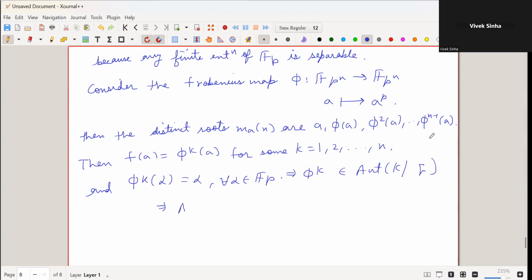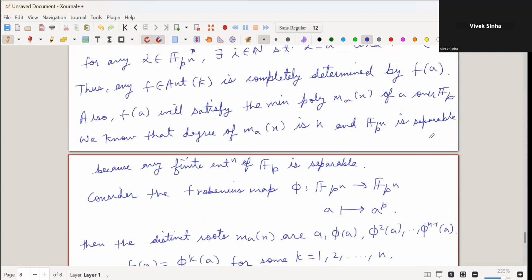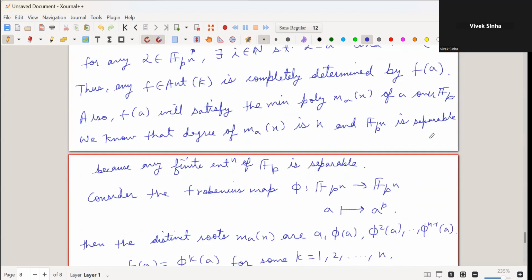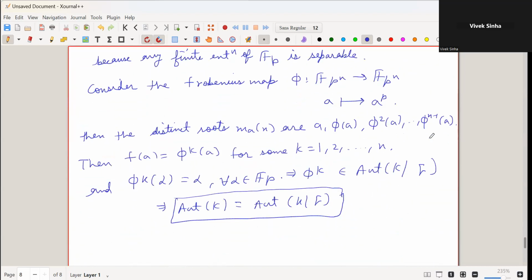So you have the automorphism group of K is the same as the automorphism group of K over F_p in this case, and both have cardinality n. There is no separate notation used for F_p here, so just write F_p. Okay, so with that, assignment number 5 is over.